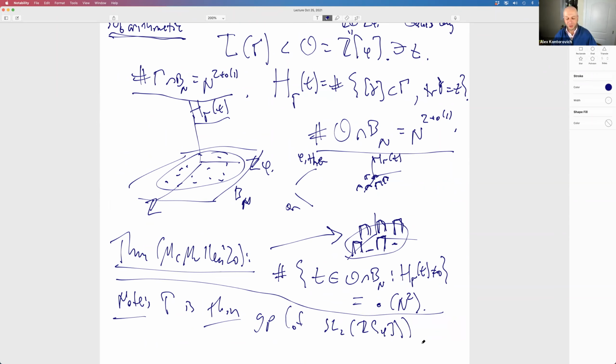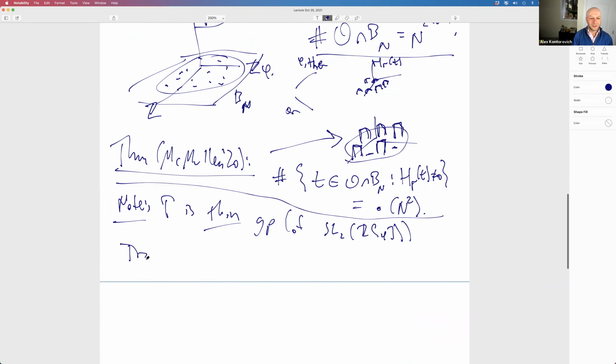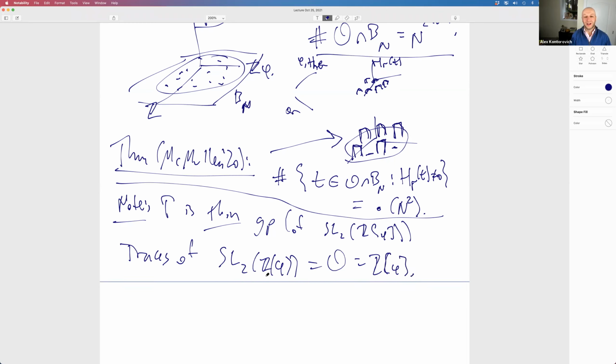And if we look at the traces of SL2 Z adjoin phi, we would get the full ring, Z adjoin phi, and the number of points in this group, SL2 Z adjoin phi in a ball, is n to the 4. Exactly as Venki said. Here, the number of points is still n squared.